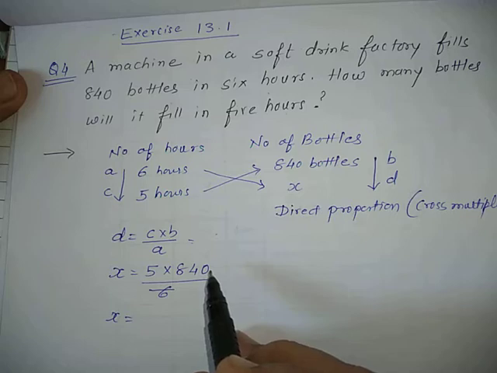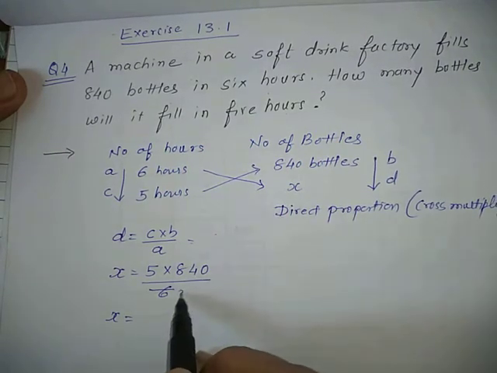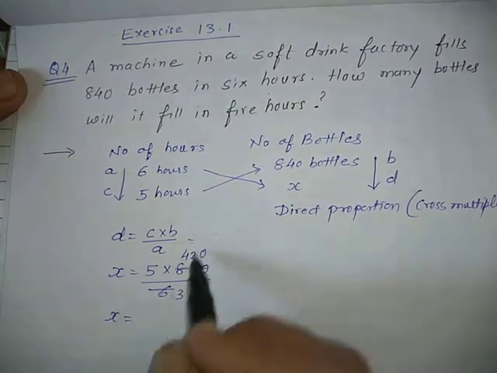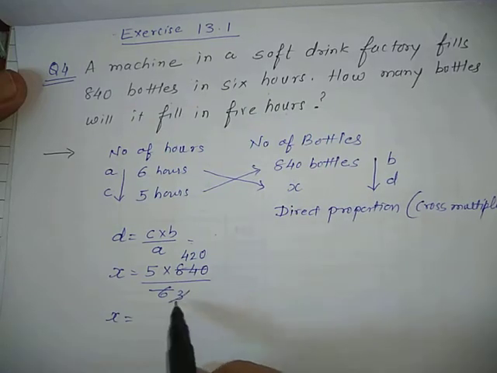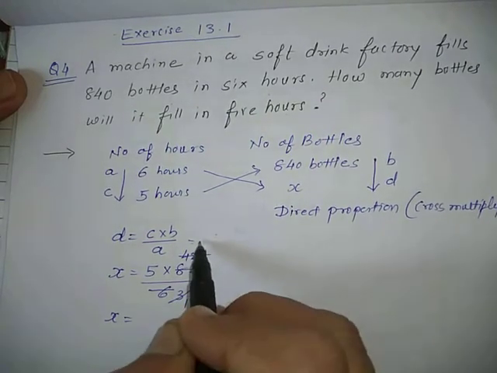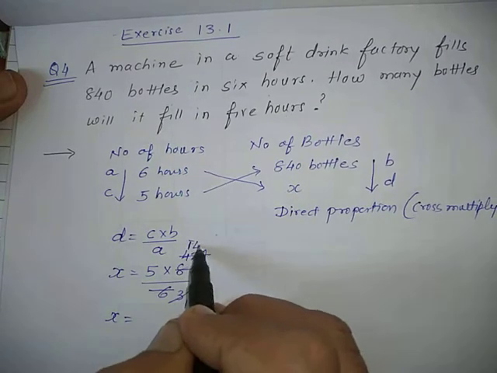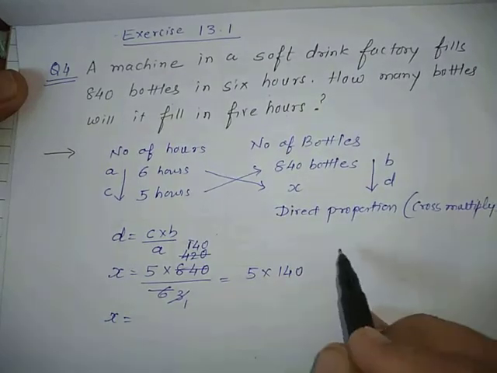Okay, so 2 3s are 6, 2 420. Again it is possible by 3. 3 1s are 3, 1s are 3, 3 4s are 12, means 140. So 5 into 140 bottles.